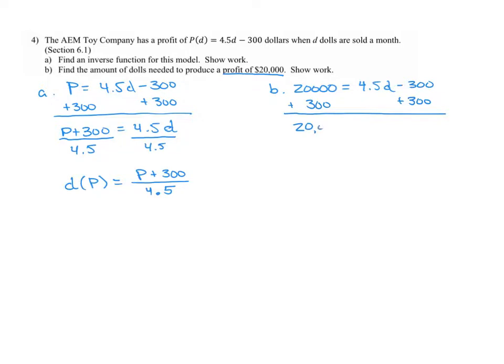We get 20,300 equals 4.5D. And if we divide by 4.5 on both sides, I get an estimate. I'm going to have to round this. I get 4,511 dolls.